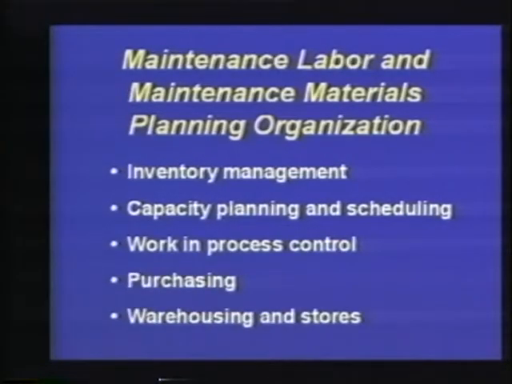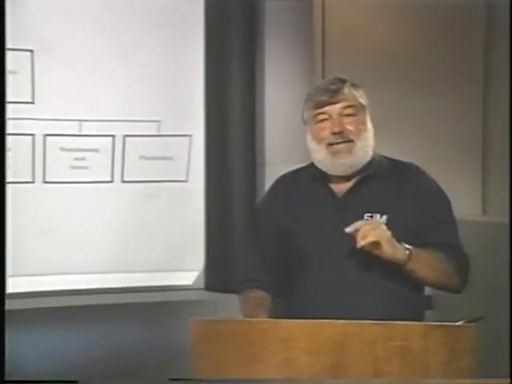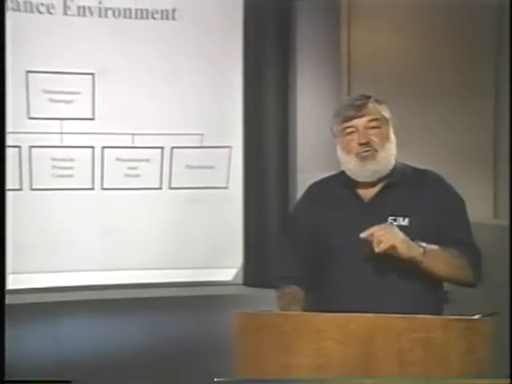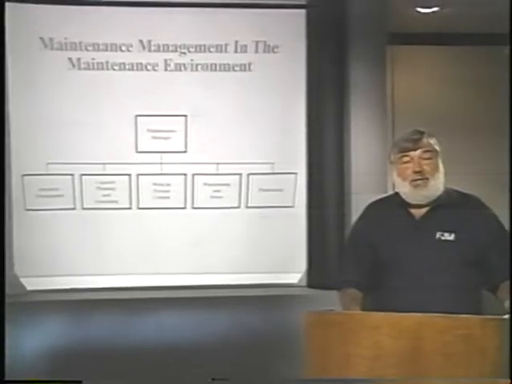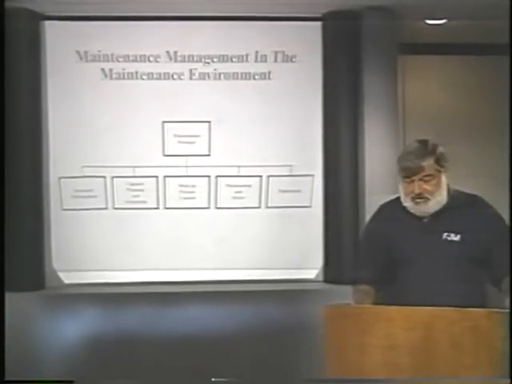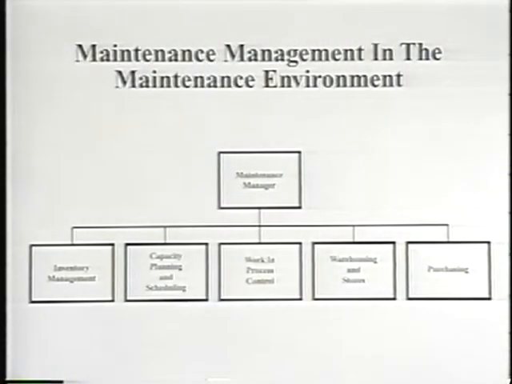So if you turn the page, I'm going to walk you through that bottom maintenance organization. And remember, these are functional requirements. Again, they do not need individual people to support each function unless you are large enough where you require the support. Starting at the left, we have inventory management.